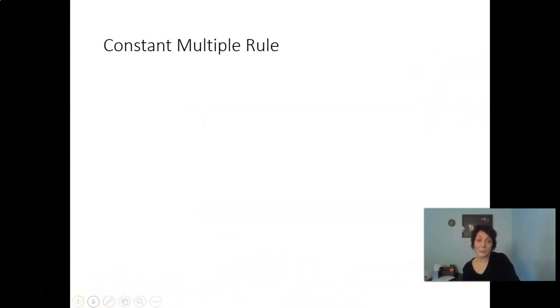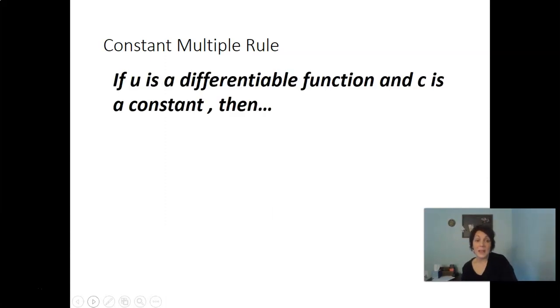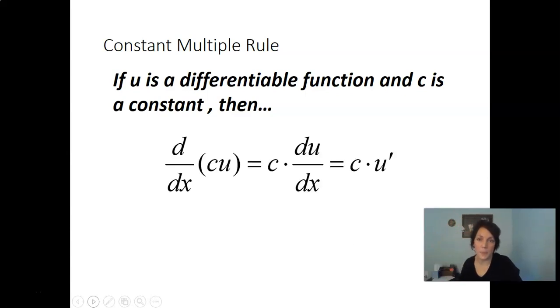Okay, now, another little kind of twist on the power rule is called the constant multiple rule. And the constant multiple rule says this. If you have a function that's differentiable, and there's a constant sitting in front of it, you can go ahead and take the derivative of your function and just let the constant sit there, and then when you're done, you can multiply the constant back through. Okay?